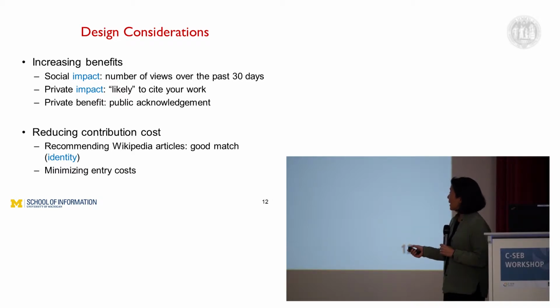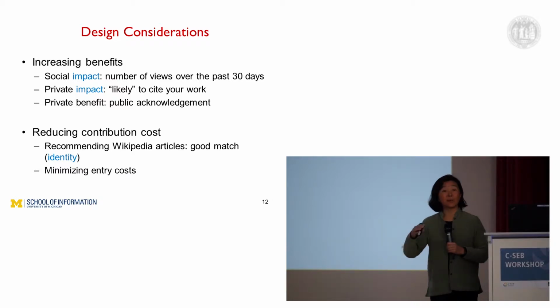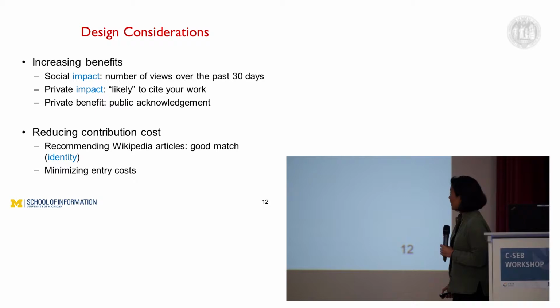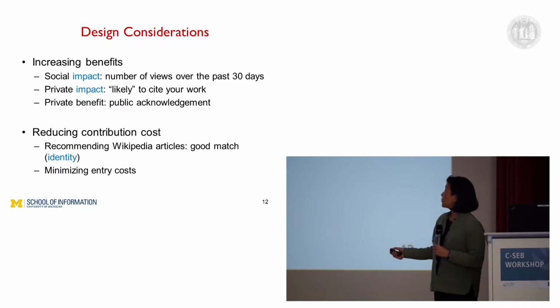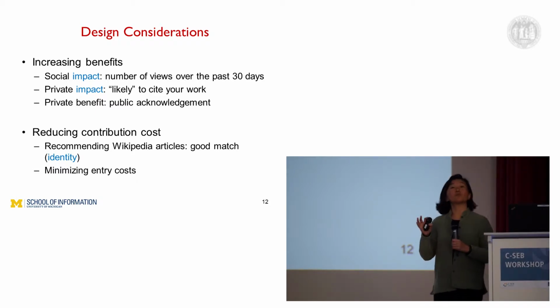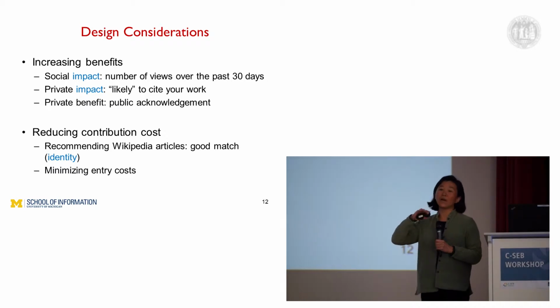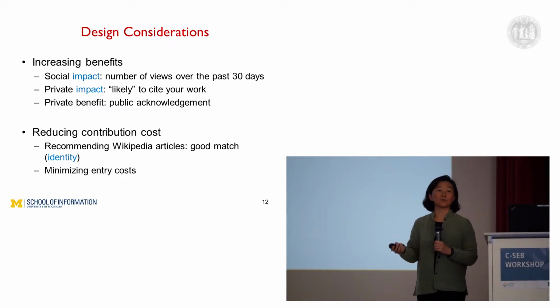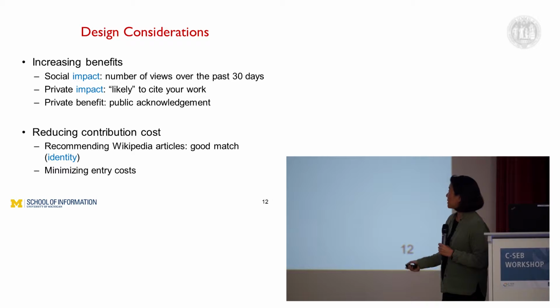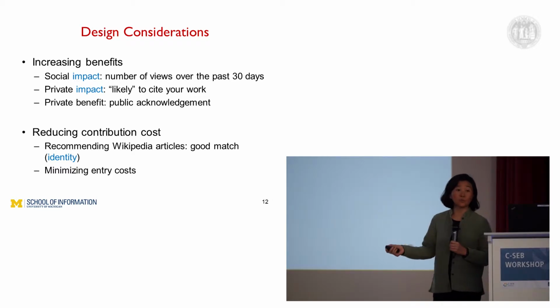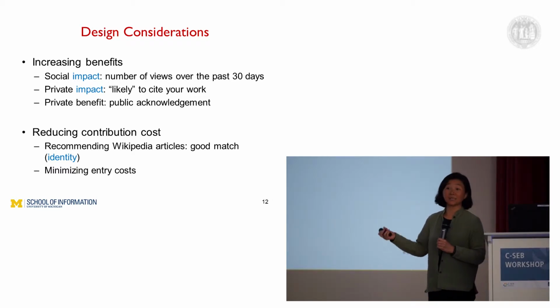And we also look at the private impact, and we have three different ways of saying that this article is likely to cite your work, might cite your work, or might be especially relevant. There's another private benefit manipulation which didn't work, which is to have a public acknowledgement of your contribution. It turns out that the public acknowledgement, which is Wiki project economics in this case, is not that well known.